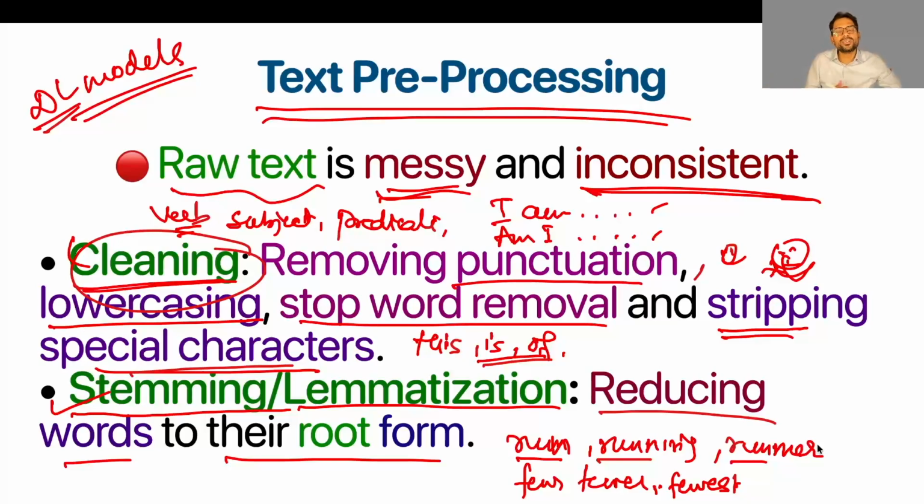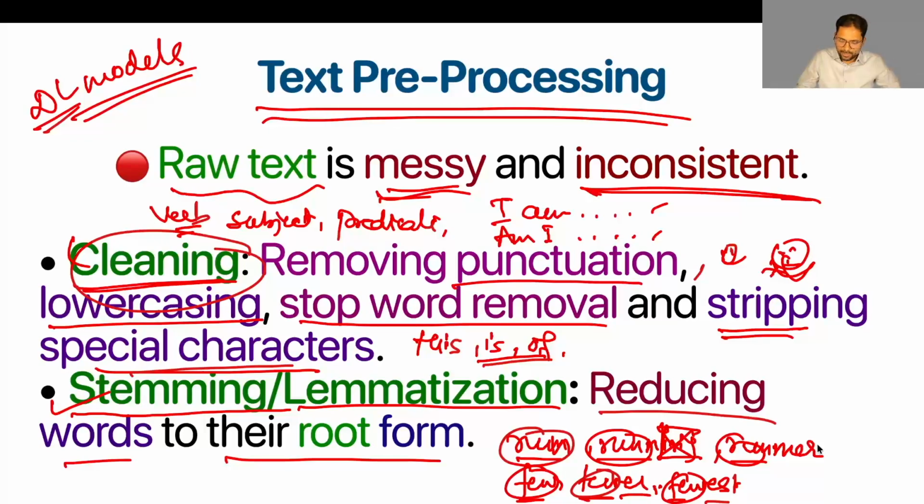These words are the same, but we want only the root word. The rest can be formed by putting suffixes at the end. The suffix means what is happening at the end, and that end part can be truncated off, and only the root kept. So that's the whole idea of stemming and lemmatization.